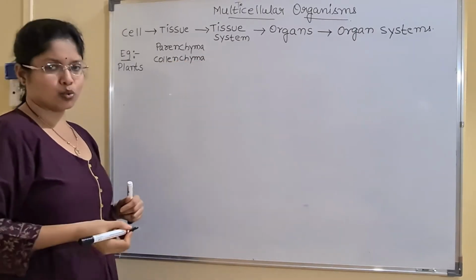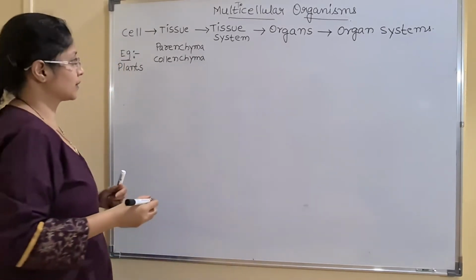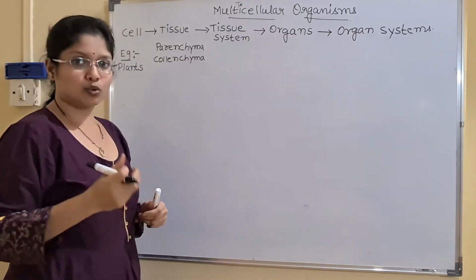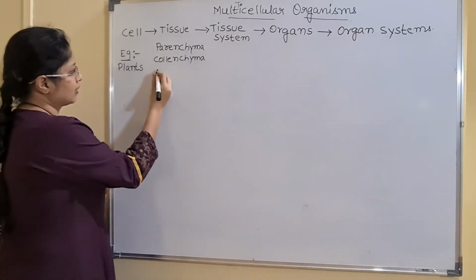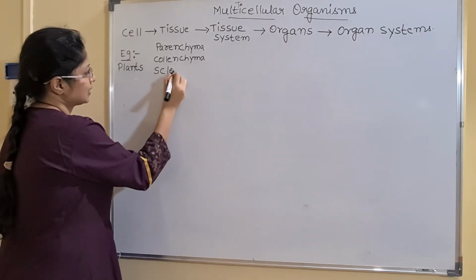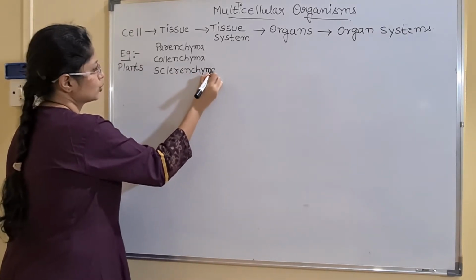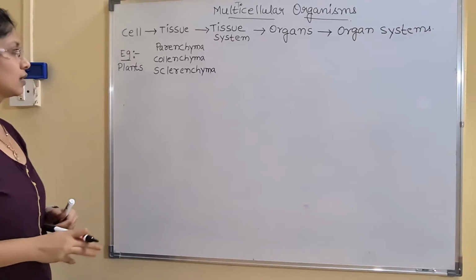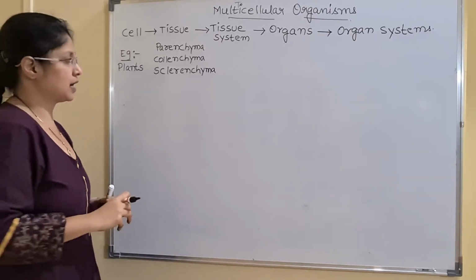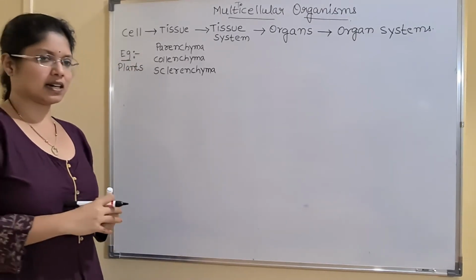Parenchyma is mainly for storage, collenchyma for support, and it also helps in the storage of food material. And we have elasticity. Next we have sclerenchyma. This will give rigidity to the plant body. The hard structures of the plant body are mainly made up of sclerenchyma. So all these are different types of tissues present inside the plant body.